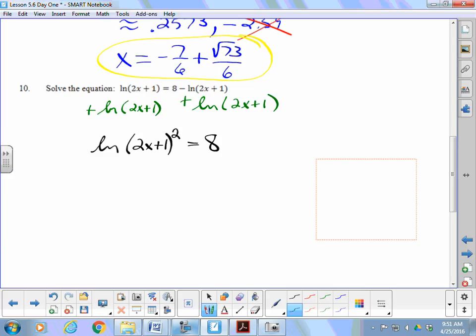All right? Now, there's two ways to do this. One is much easier than the other. Okay? So we could change it to exponential right now and say that 2x plus 1 quantity squared equals e to the power of 8, and that would be okay. All right?